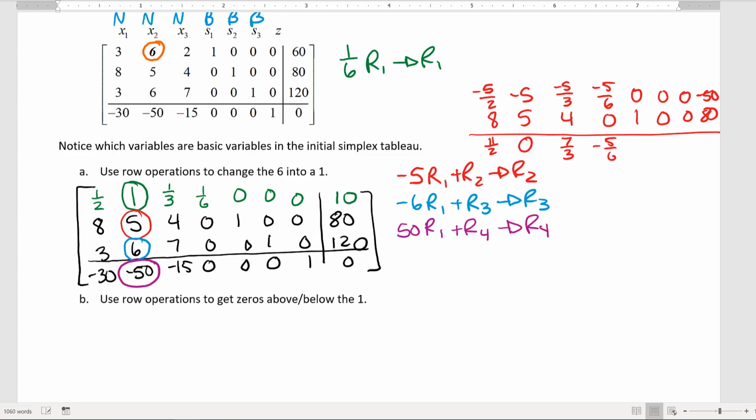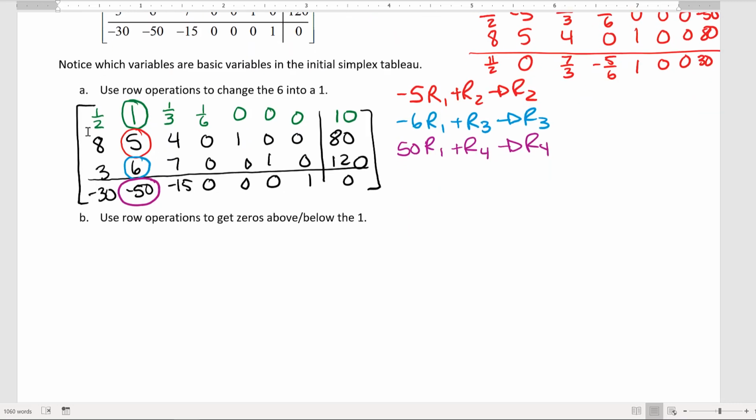Negative 5/6 plus 0 is negative 5/6. 0 plus 1 is 1. 0 plus 0 is 0, 0. And negative 50 plus 80 is 30. Now this is going to go in place of row 2. So when I use my new matrix, I still am going to keep row 1 exactly the same.